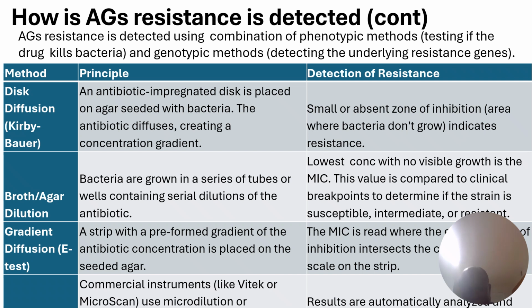This value is then compared to clinical breakpoints or benchmarks to determine if the strain is susceptible, intermediate, or resistant. And we also have the gradient diffusion or E-test, among others.